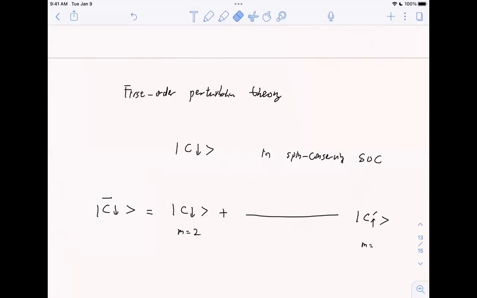This will be 1. Then you have the C minus. Then you have alpha S minus plus C, and then you have the energy of C minus energy of C plus.